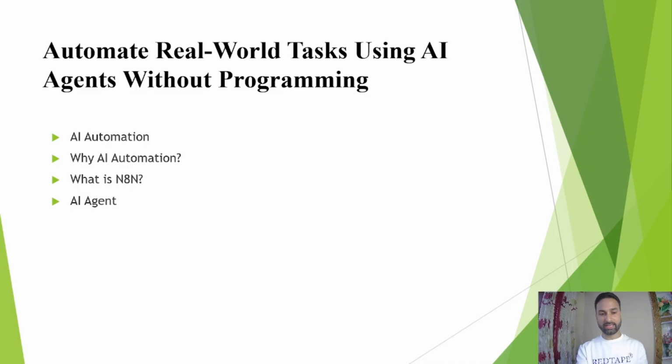Or you can think of an AI agent like a smart assistant that does things automatically for us, like sending emails, responding to queries, or analyzing data, etc. So these were some of the basic terminologies that I wanted to introduce to you.